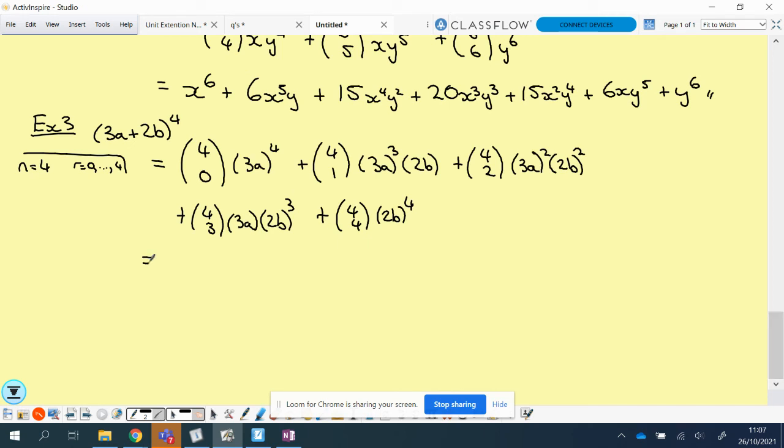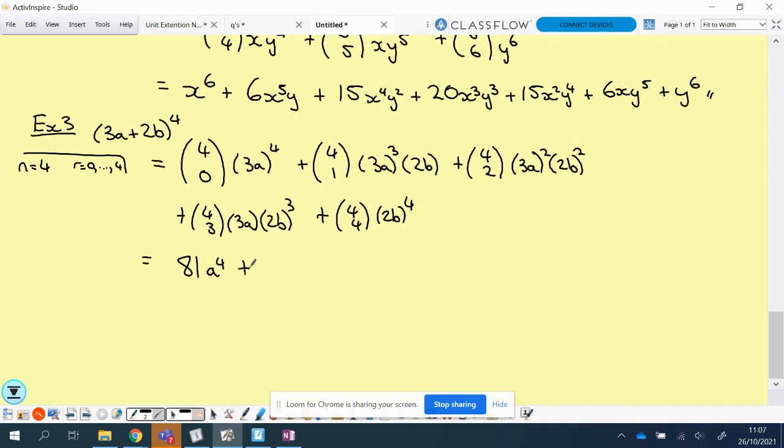At this point, it's probably worth still having everything separate just now. So 4 choose 0 is 1, therefore that's just a 1 there. 3 to the power 4 is 81. So the first term is going to be 81 a to the power 4.